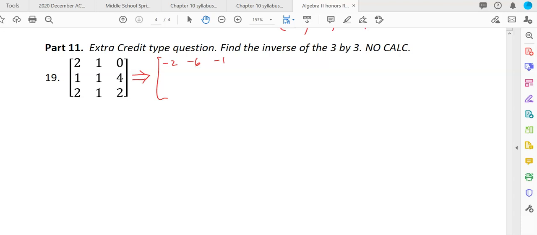I hope I'm doing this right. 2 minus 0 is 2. 4 minus 0 is 4. 2 minus 2 is 0. And bottom left would be 4 minus 0 is 4. 8 minus 0 is 8. And this would be 2 minus 1 is 1.